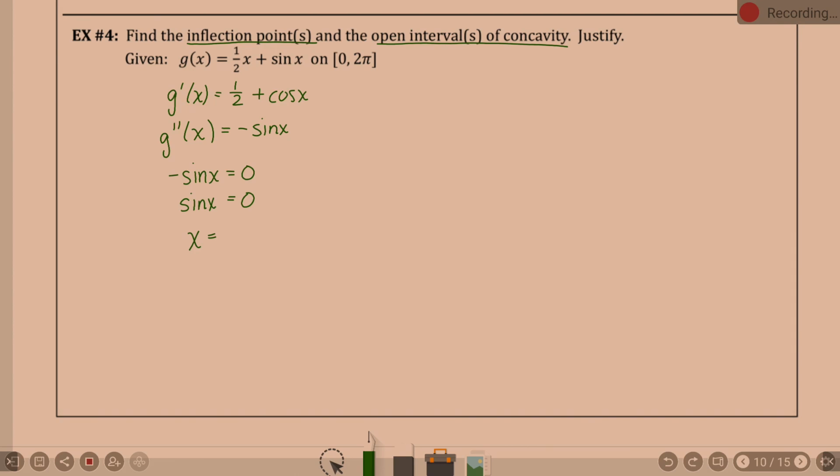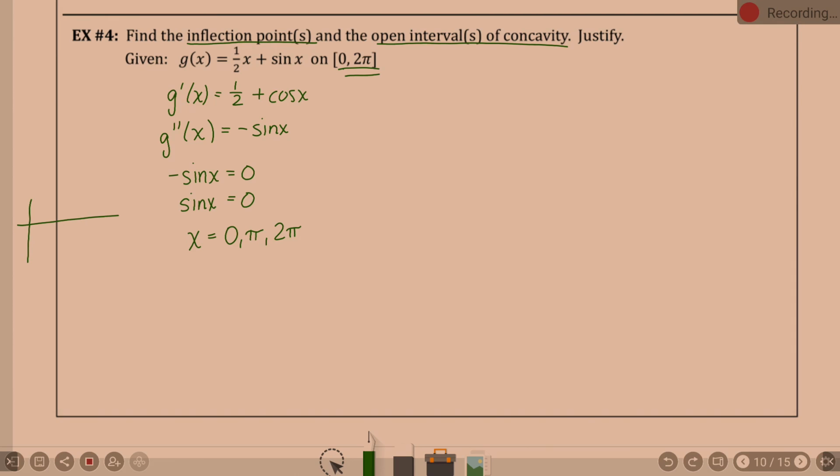Okay. Now, be specific in terms of what my interval is that we're working on, yes? 0 to 2 pi, and notice as it's stated, endpoints are included, right? So 0, pi, and 2 pi based on what's stated up there.